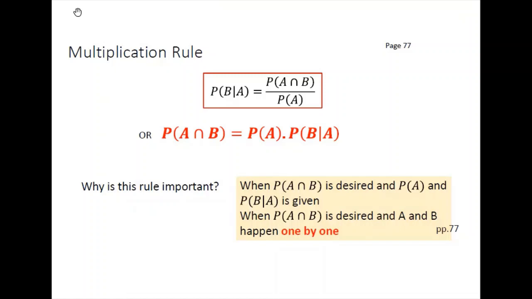Okay, look at here. We have two events, A, B, and what's the meaning of one by one?